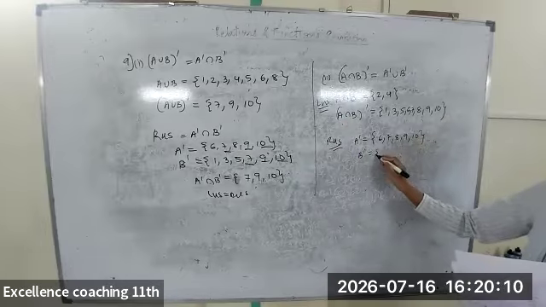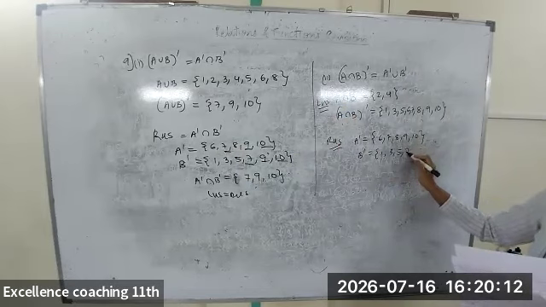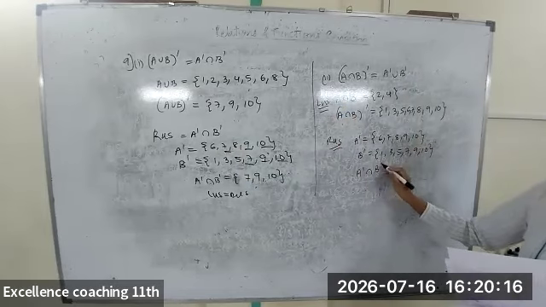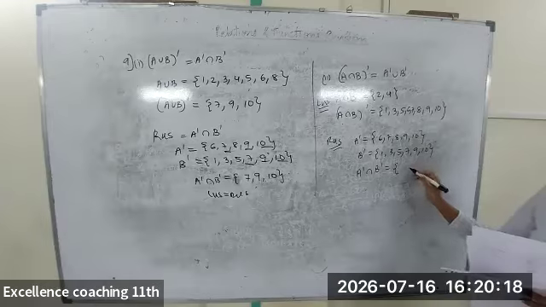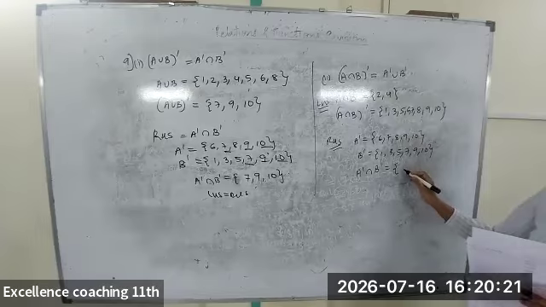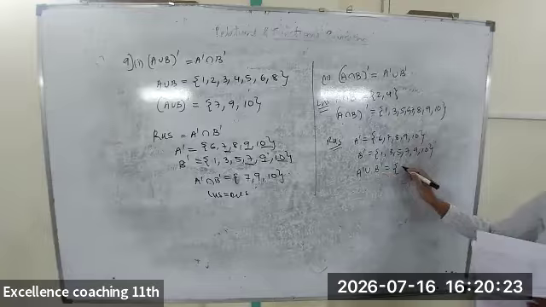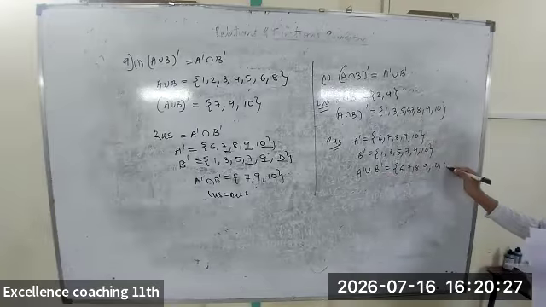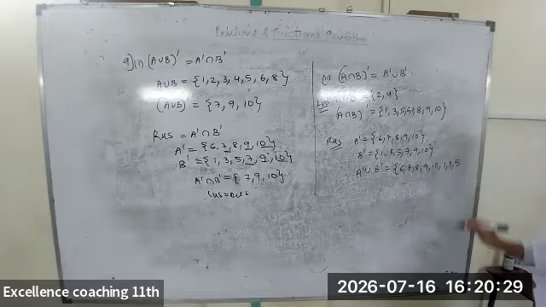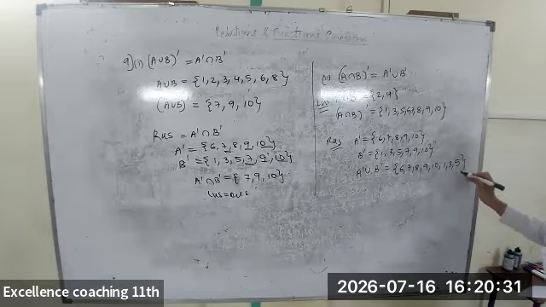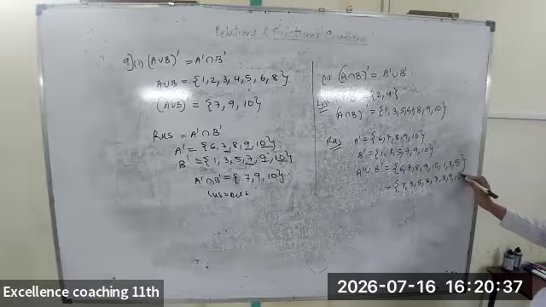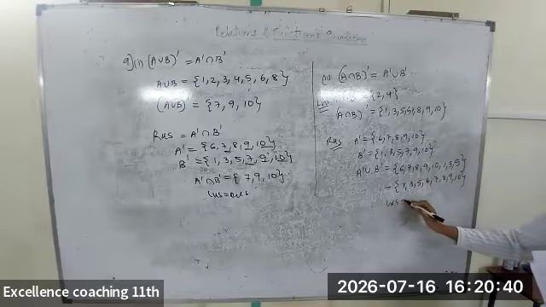B complement is 1, 3, 5, 7, 9, 10. And now the union: 6, 7, 8, 9, 10, 1, 3. Rearrange: 1, 3, 5, 6, 7, 8, 9. Done?